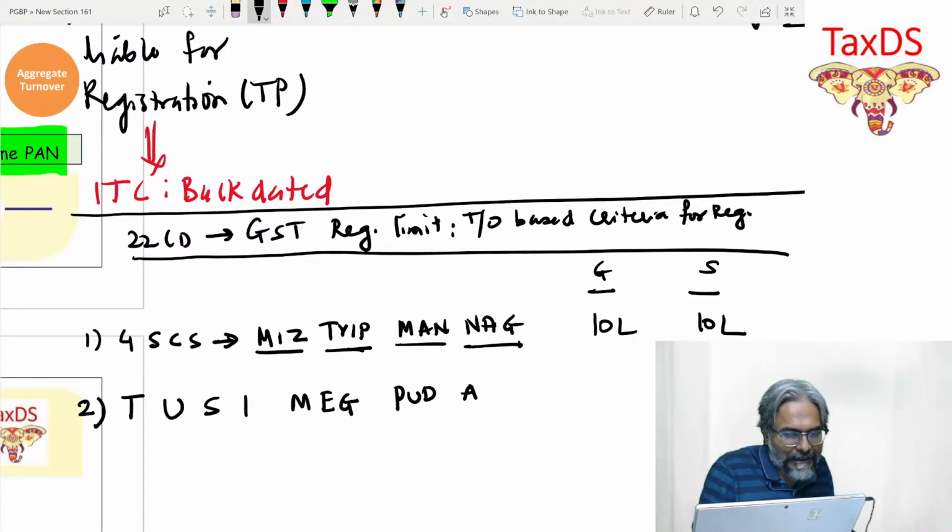This is in Punjabi, that people say T, the way they pronounce it, although I'm not a Punjabi. So this is Telangana.